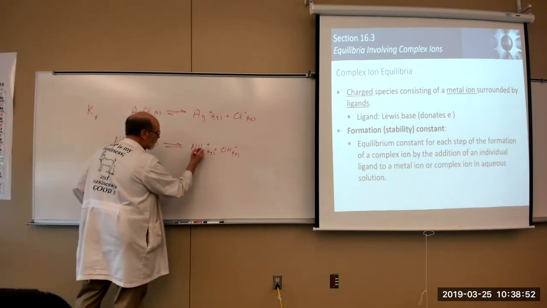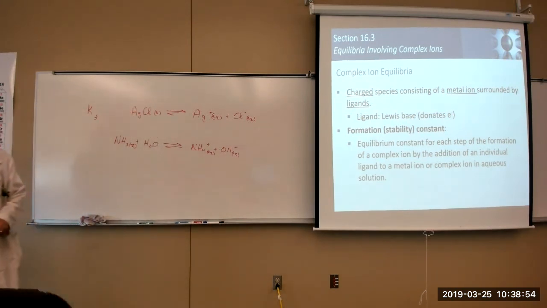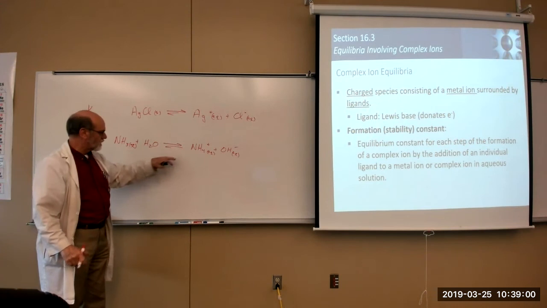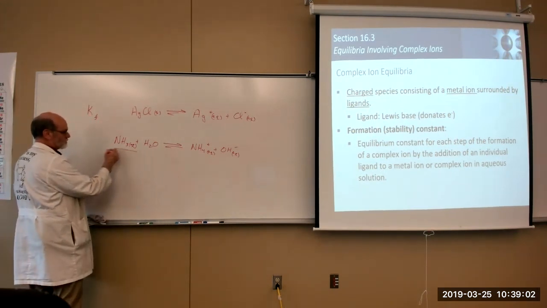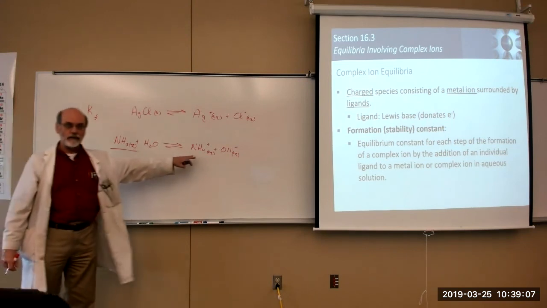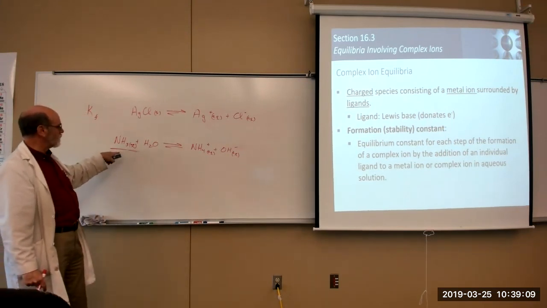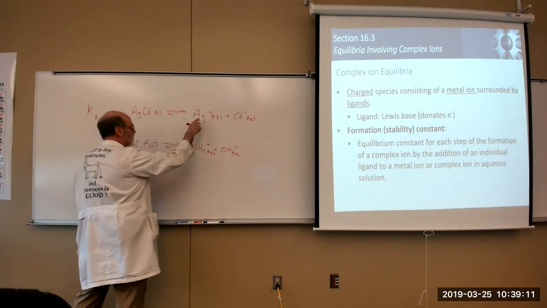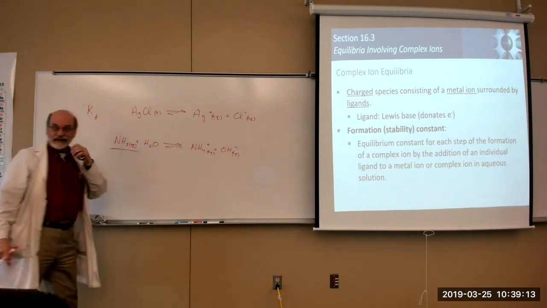I don't remember the equilibrium constant right now. It's actually in the next lab. The equilibrium for this one is way over here, mostly ammonia, right? And this ammonia will combine with that silver. It is a ligand.